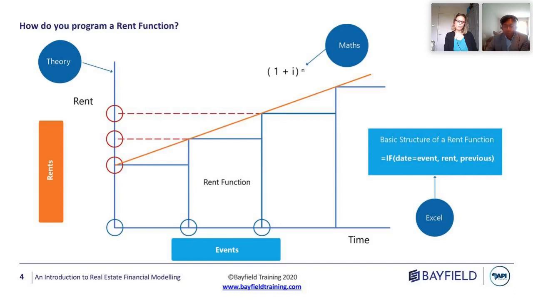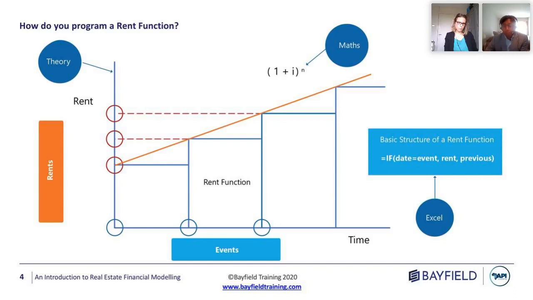The challenge is to create a rent function that covers all the different situations that you have in your tenancy schedule and that follows, in this chart, what we call a step function. A step function is a function that is stable between specific dates that, in the particular context of rent function, we will call events or rent events.